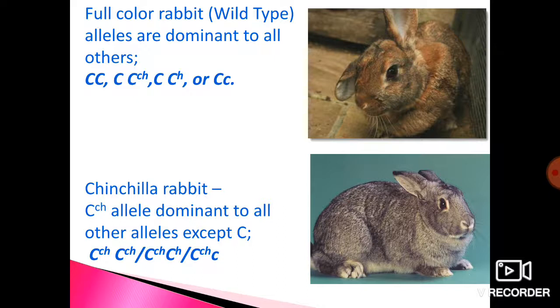That's what makes agouti an agouti. But in Chinchilla, you have a black and white mix, and therefore the genotype is, as you can see again in capital italics, C^ch C^ch, C^ch C^h and C^ch c.